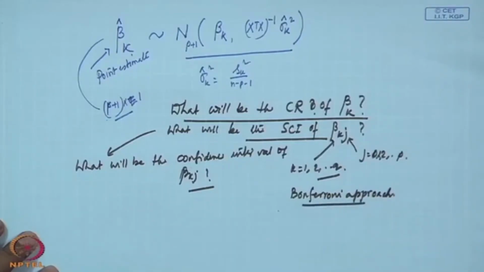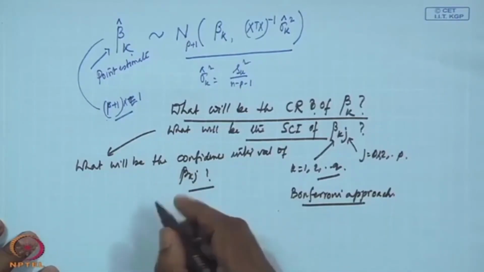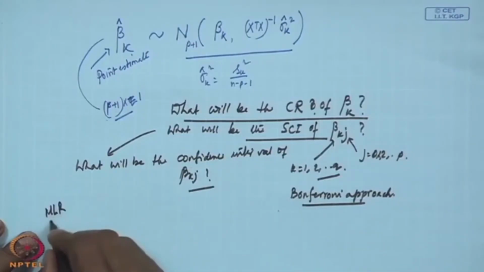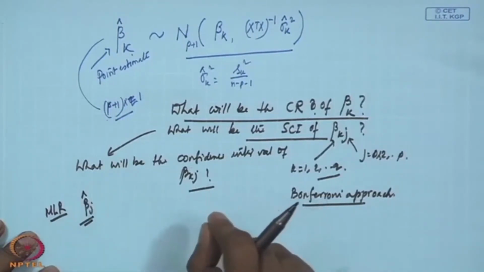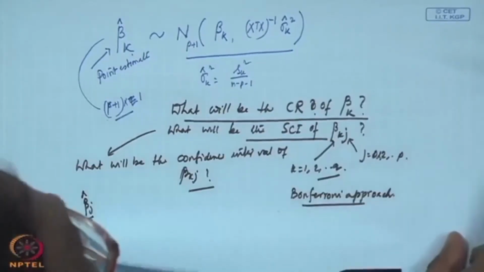But what we discussed there was mostly beta j, where the variable k was not there. In MLR we discussed that beta j cap minus expected value of beta j cap divided by standard error of beta j cap follows a t distribution. The same thing prevails here also. The same thing we can use here.